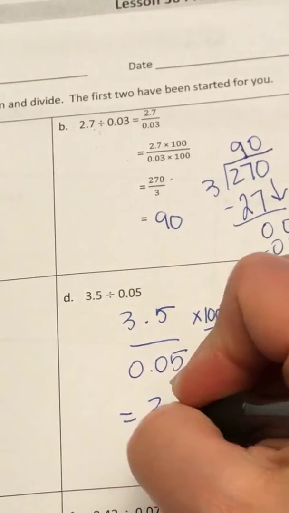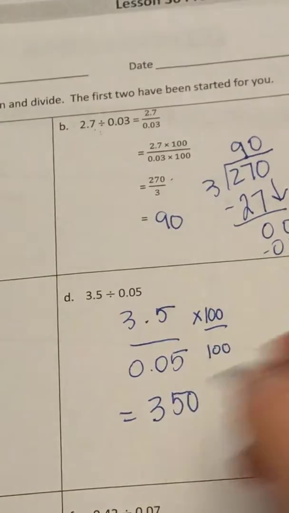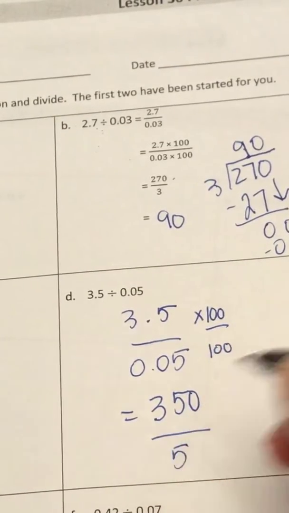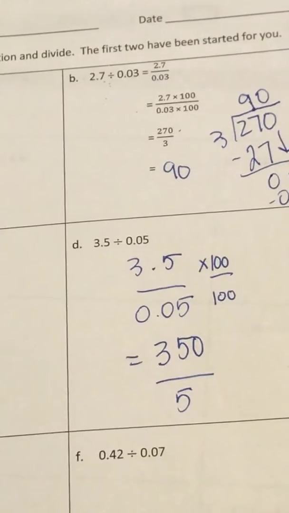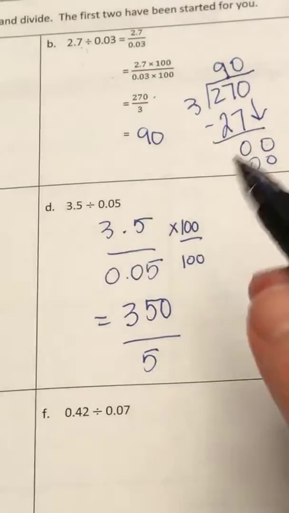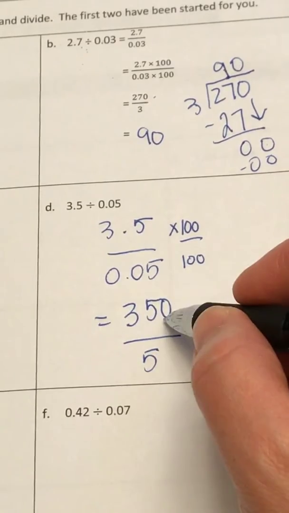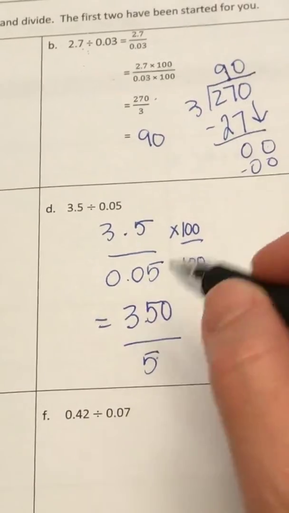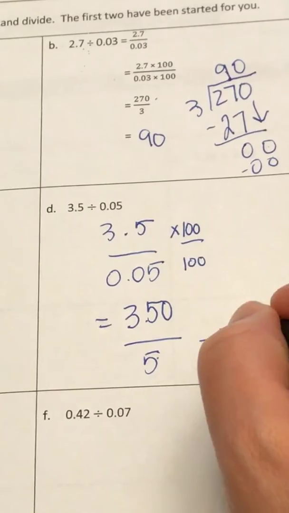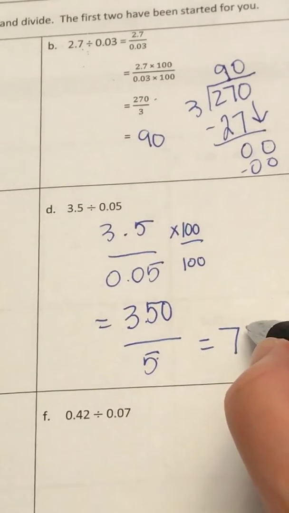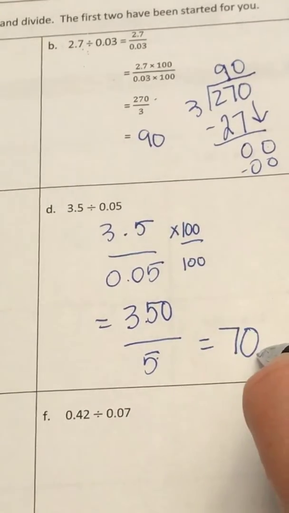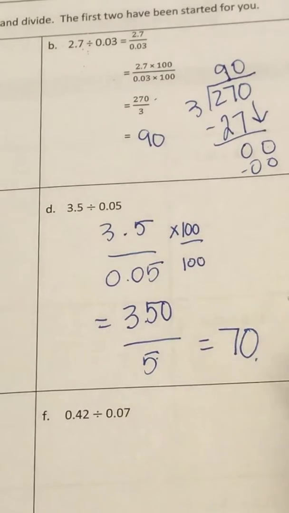When I do that, I get 350 over 5. Now, I could set this up in a long division problem, but I could also look at it, and because this is a power of 10, I know that 5 goes into 35 7 times, and I'm going to add a 0 there.